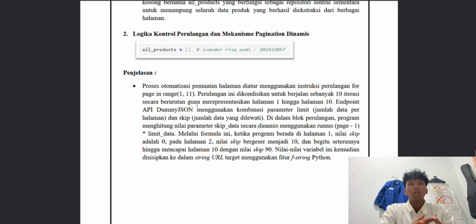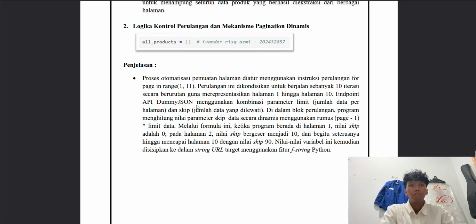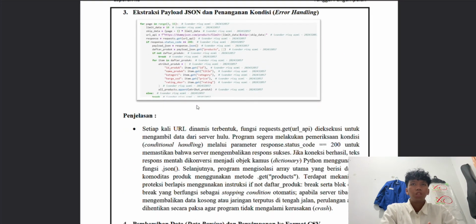When the program is on page 1, the skip value equals 0. On page 2, the skip value shifts to 10, and it progresses continuously until it reaches page 10 with a skip value of 90. These variable values are then inserted into the target URL string using Python's f-string feature to construct a dynamic API endpoint address.